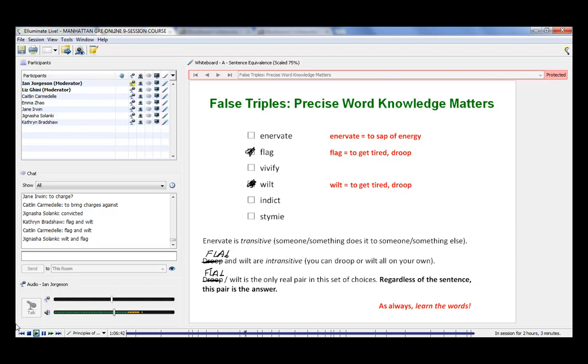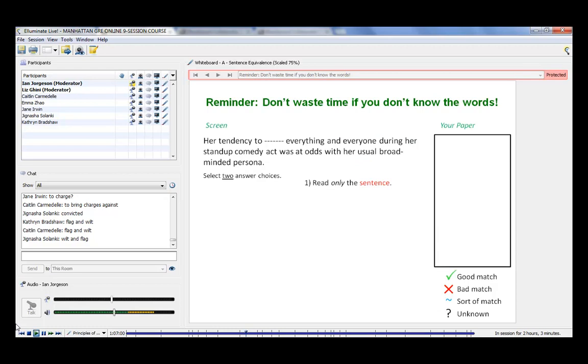Is one of these an odd man out because it's too strong or it's too weak? And finally, think about this idea, especially with verbs, or really only with verbs, about whether it's a verb that does something to something or whether it's a verb that just happens. That makes the difference.